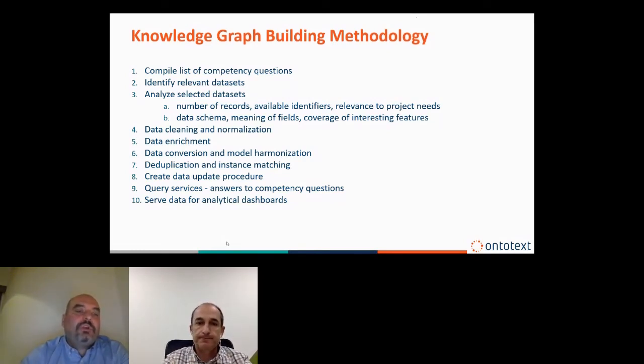And of course, a very important step, which will limit the resources required to maintain your up-to-date live knowledge graph, is to create a data update procedure to automate the process. Actually, this includes all the steps from 4 to 7, and this ensures not only the automation of these steps, but also the process that will at the end generate the required artifacts.